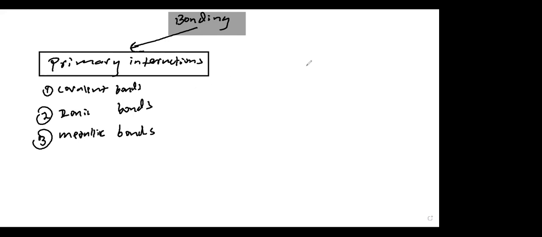Then the secondary interactions. Sometimes in your ordinary level chemistry, you learn them as intermolecular forces; secondary interactions are also known as intermolecular forces.